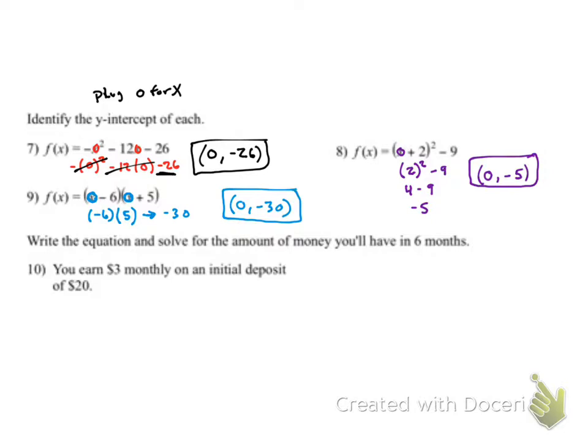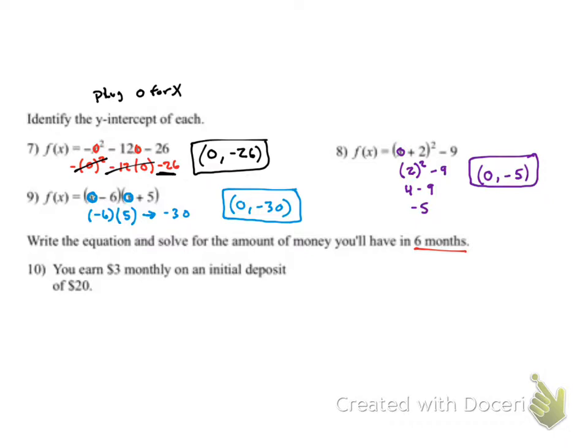Okay, number 10. Write the equation and solve for the amount of money you'll have in 6 months. So you earn $3 monthly on an initial deposit of $20. So we earn $3 monthly.